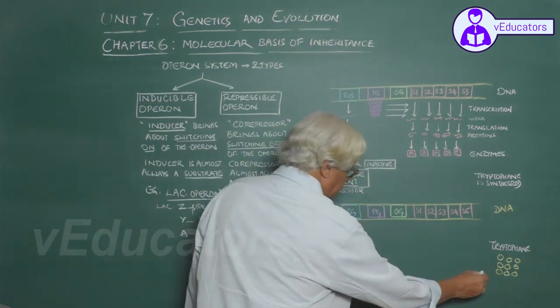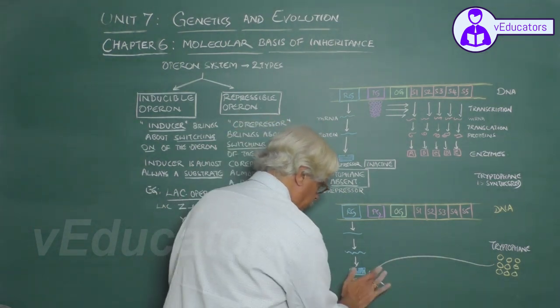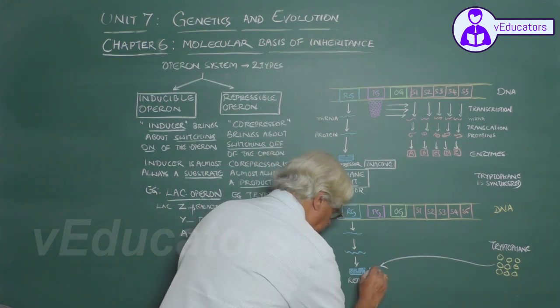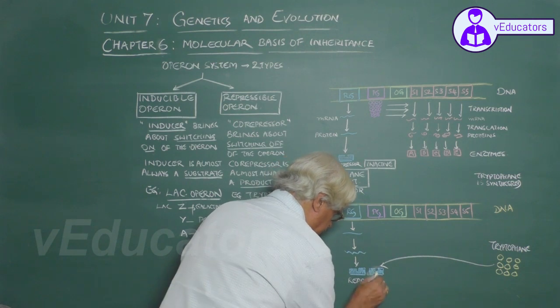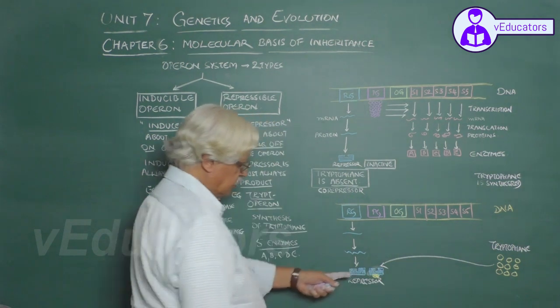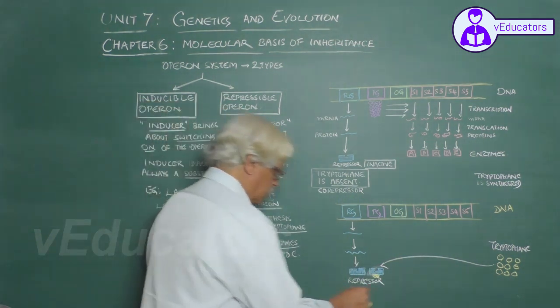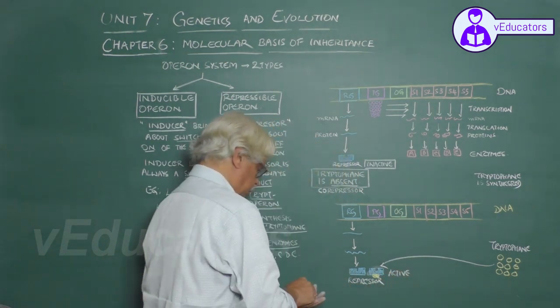One of these tryptophan molecules binds with the repressor. This is the repressor, this is the co-repressor. So now the repressor becomes active.